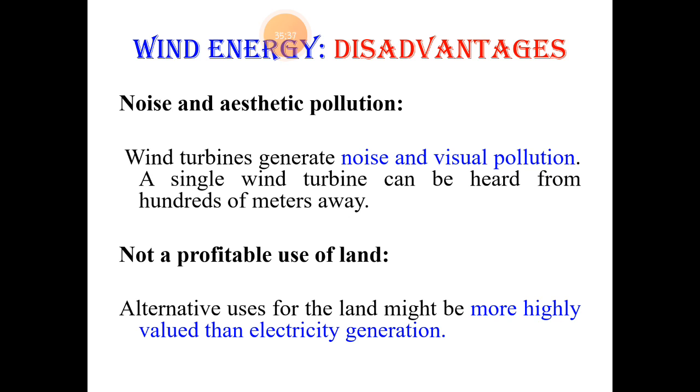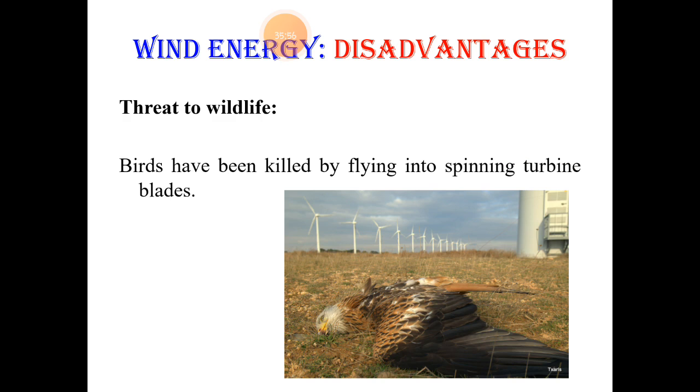The next is, it is not a profitable use of land. The alternative uses for the land might be more highly valued than the electricity generations when the windmills generate less electricity.